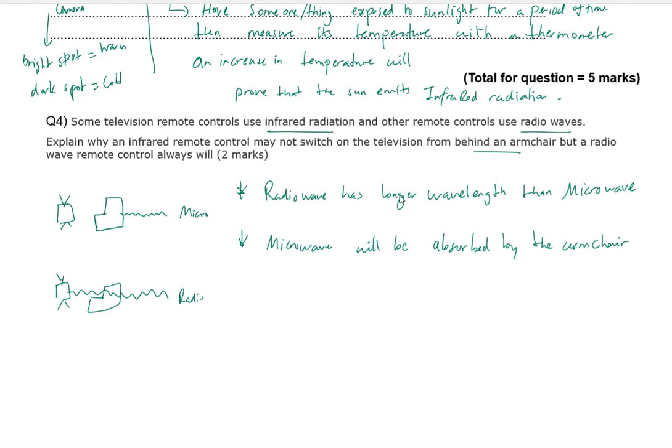There you go. That's it. That's all you need to say. First of all, it will be absorbed by the armchair, and then you talk about the wavelength, or you can also talk about frequencies. In this case, this one here has lower frequency than microwave. 2 marks. That's it. See how easy you can get to 2 marks.